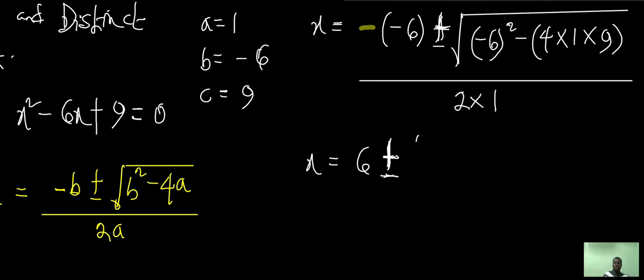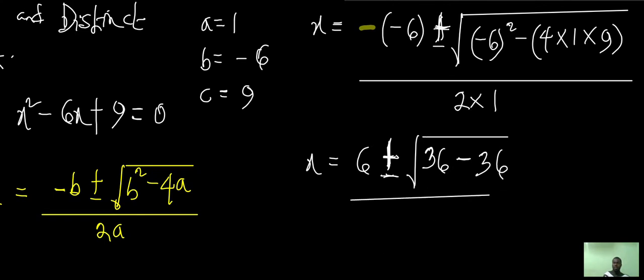Square root of b squared, negative 6 squared, is negative 6 times negative 6, obviously plus 36, because negative times negative is positive. Minus 9 times 4, which is also 36, all divided by 2 times 1, which is 2.